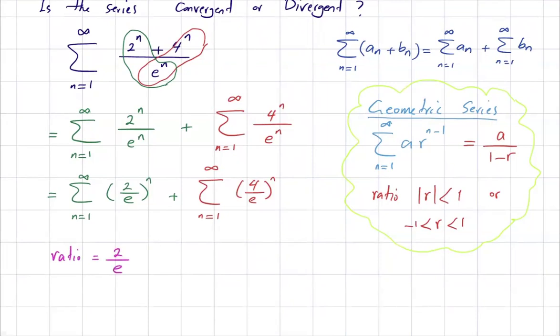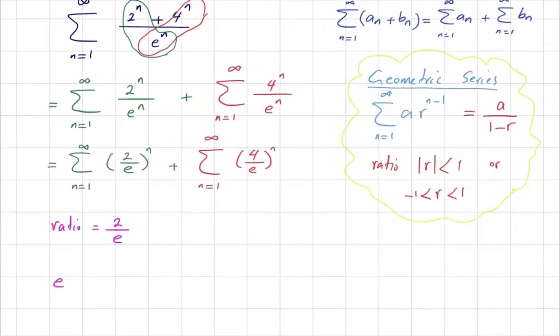And remind yourselves of the Napier number, which is approximately 2.7182. So you get 2 divided by 2.7182, which is less than 1.